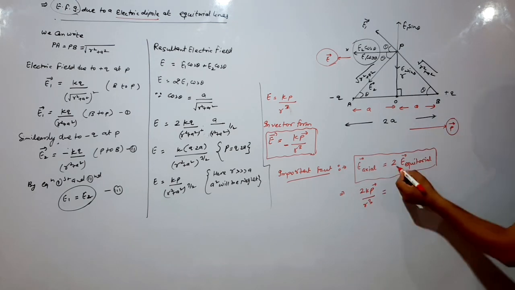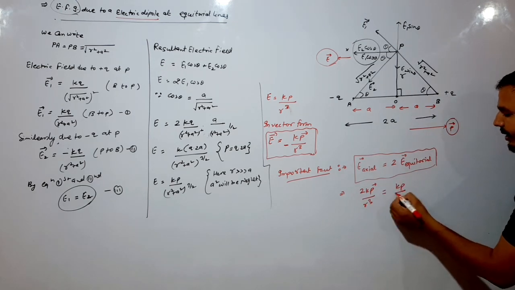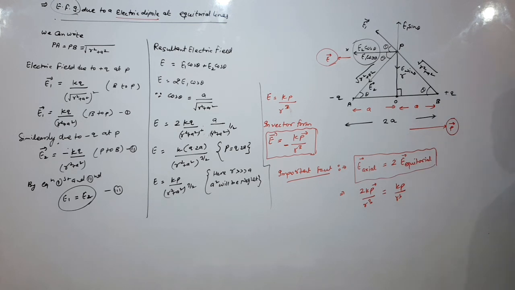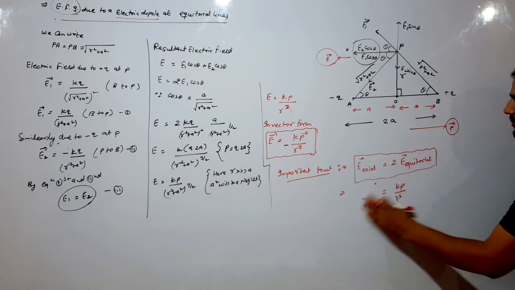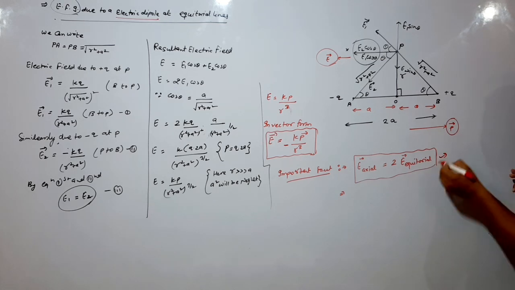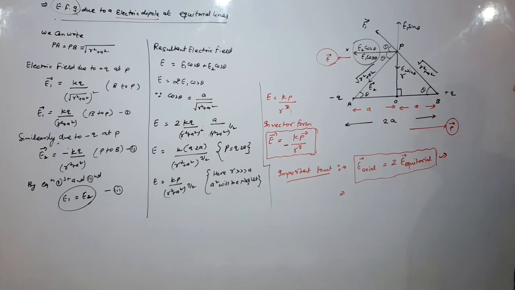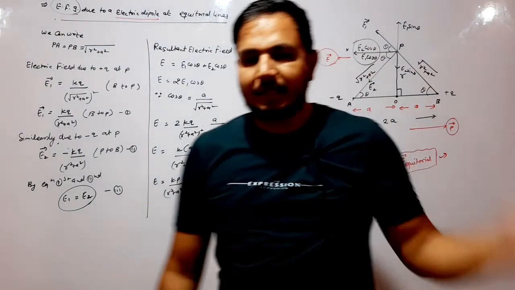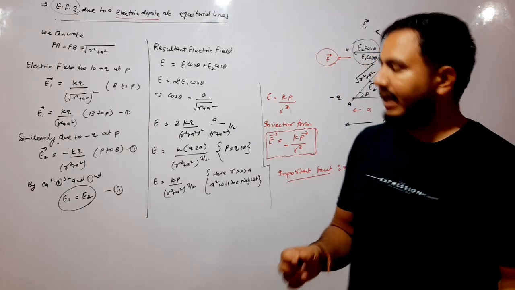Here it is kp vector upon r cube. So we write here E axial is twice of E equatorial. Clear? This is the important fact, and this is the electric field intensity due to an electric dipole.